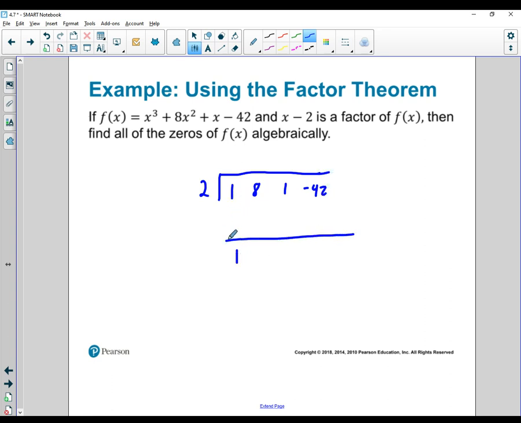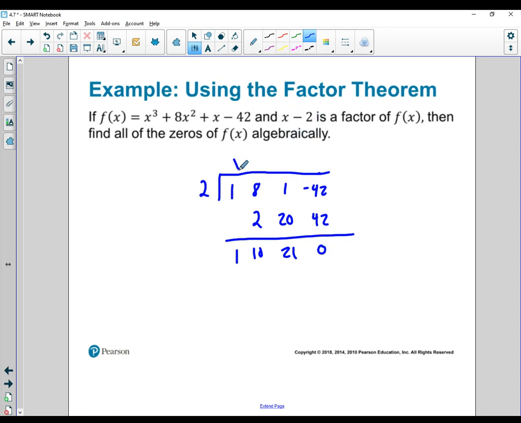Bring it down. 2 times 1 is 2. Add them. 2 times 10 is 20. Add them. 2 times 21 is 42. Add them. And hey, it turns out that x minus 2 is a factor because we get remainder 0.